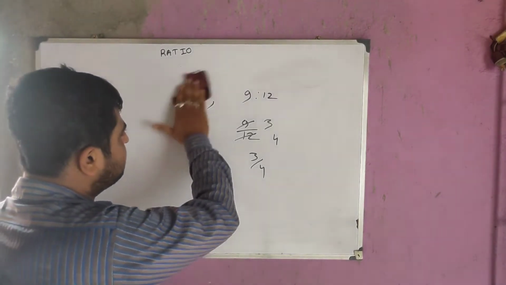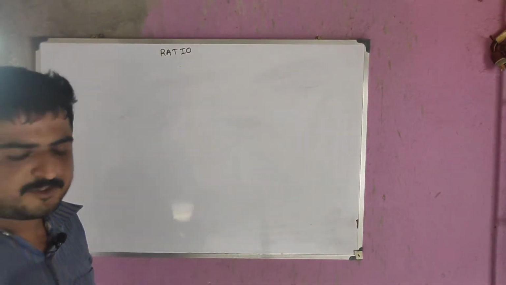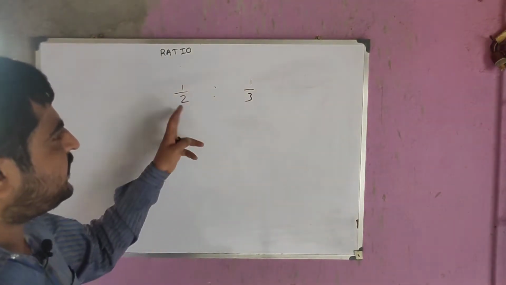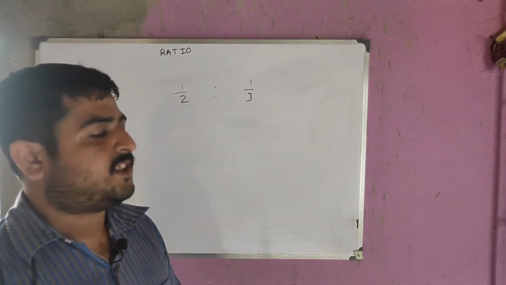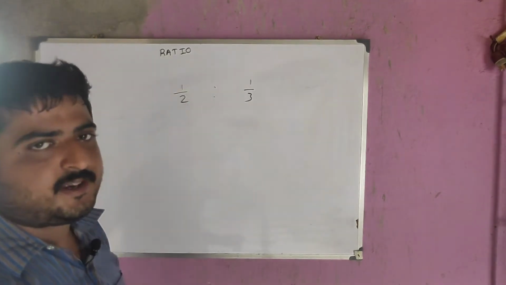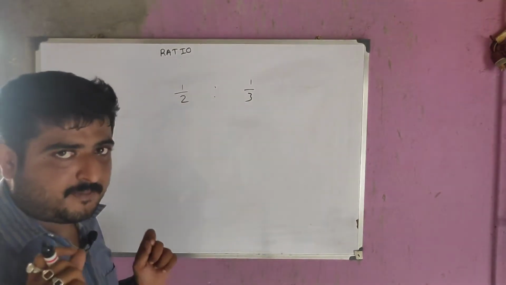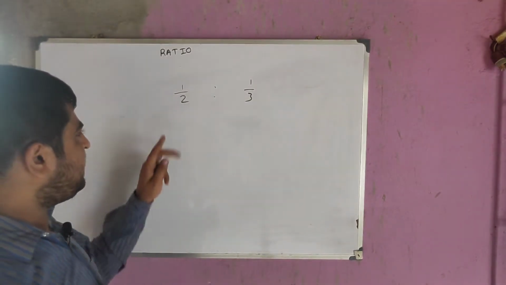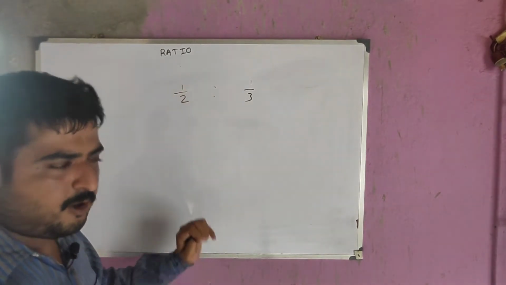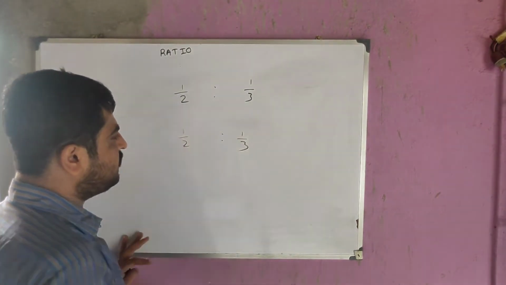If the terms of a ratio are in fractions, let's say 1/2 and 1/3, then you have to convert them into natural numbers by multiplying both terms with the LCM of the denominators. Here we have 1/2 is to 1/3.